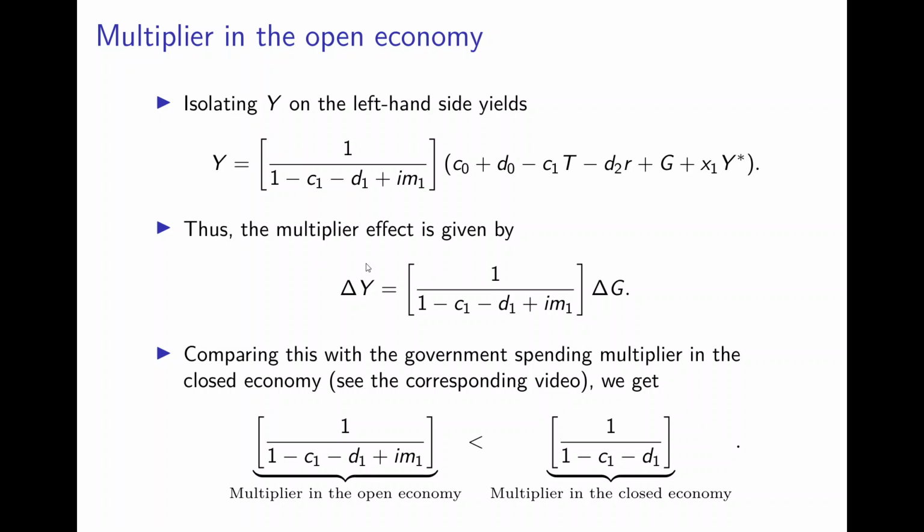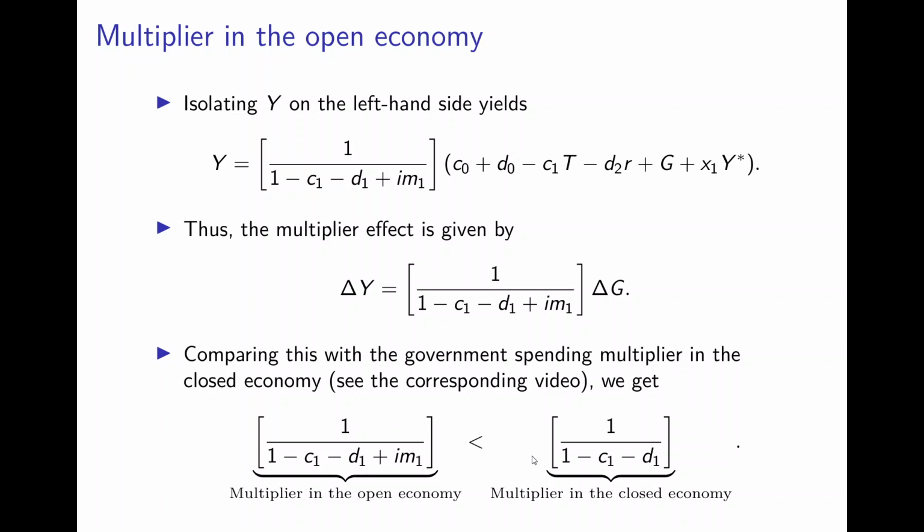So if we compute the change of income, if we change governmental expenditures, then we see that the reaction of income to the change in governmental expenditures is exactly equal to 1 over 1 minus C1 minus D1 plus IM1, so the term in square brackets, and that is the multiplier effect in the open economy.